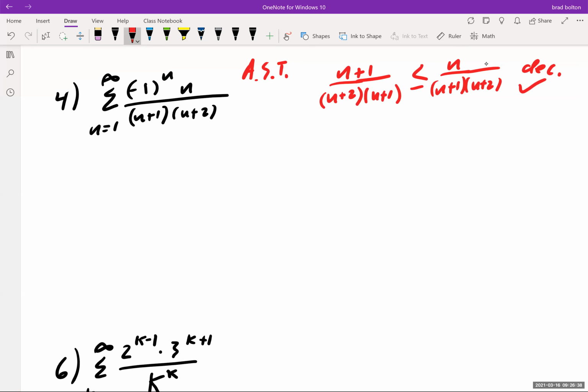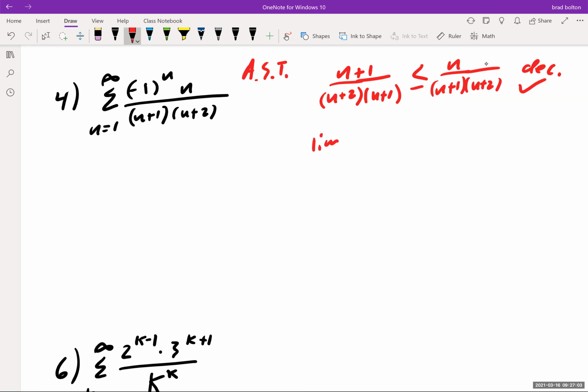Check. Because every term in the denominator is getting bigger, while the numerator is only getting slightly bigger, the denominator is getting much bigger. So this is definitely decreasing, okay?